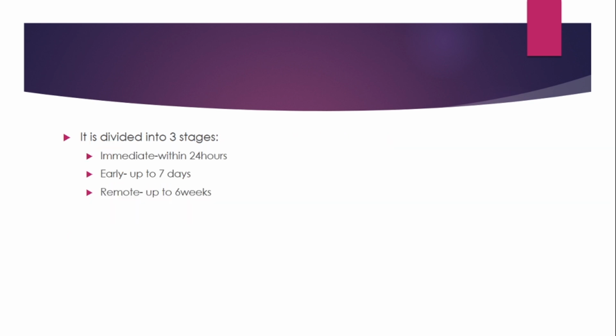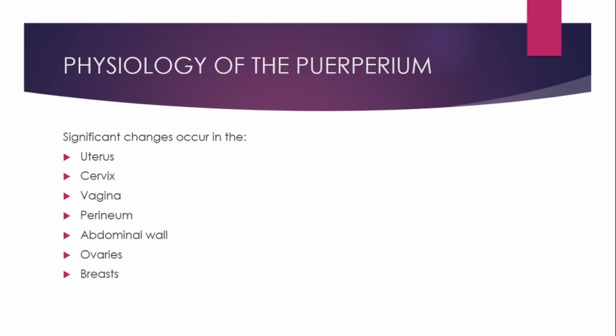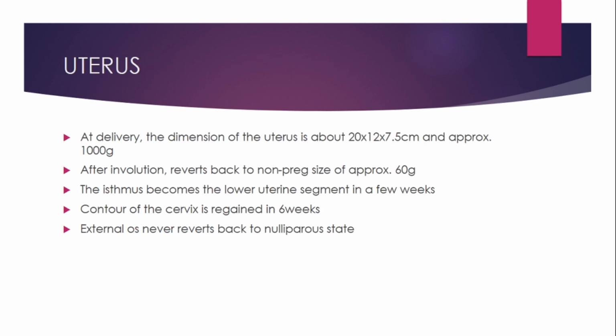So, it's actually divided into 3 stages: the immediate puerperium, which is within the first 24 hours, early puerperium up to 7 days, then remote, that is up to 6 weeks post-delivery. So now, we'll talk about physiology of puerperium by considering the significant changes that occur in the uterus, in the cervix, in the vagina, in the perineum, the abdominal wall, ovaries, and of course the breasts.